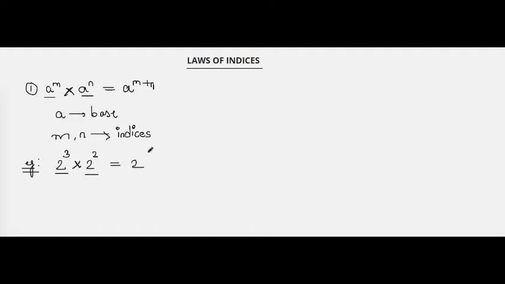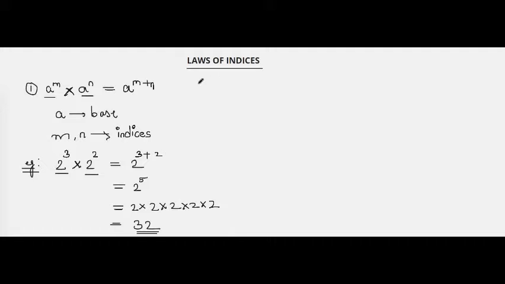So the powers, that is 3 and 2, have to be added together, giving you 2 raised to 5. If you are asked to simplify this power, 2 raised to 5 means 2 should be multiplied with itself 5 times, giving you an answer of 32.